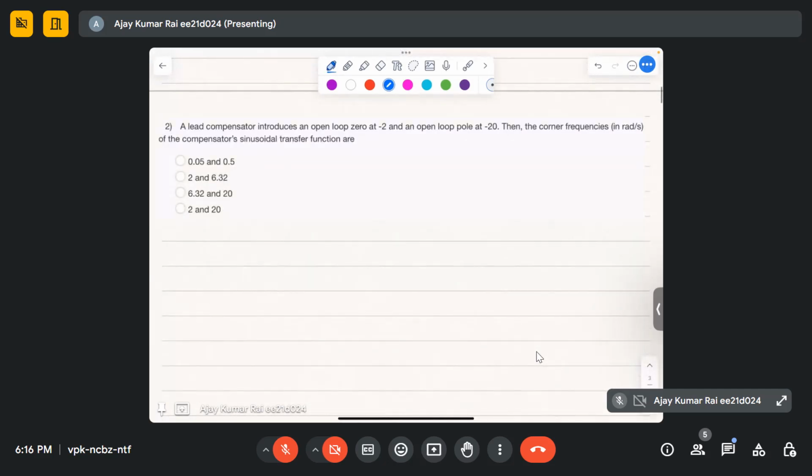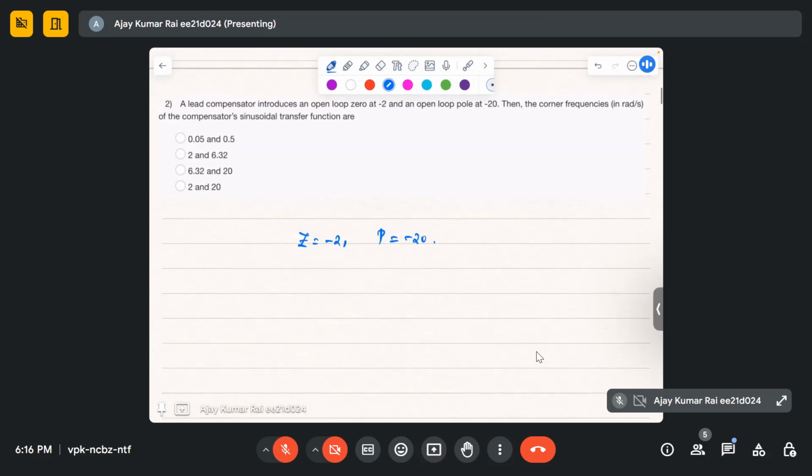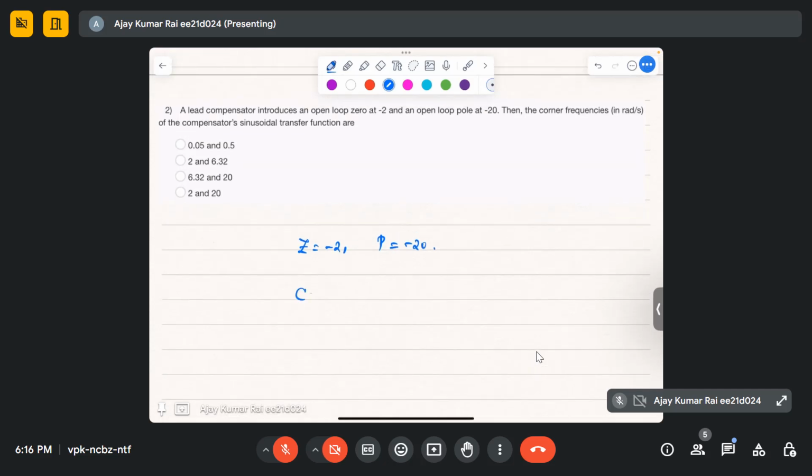Next question. A lead compensator introduces an open loop zero at -2 and open loop pole at -20. Then the corner frequencies of the compensator sinusoidal transfer function are what? Let me write the transfer function for the lead compensator.